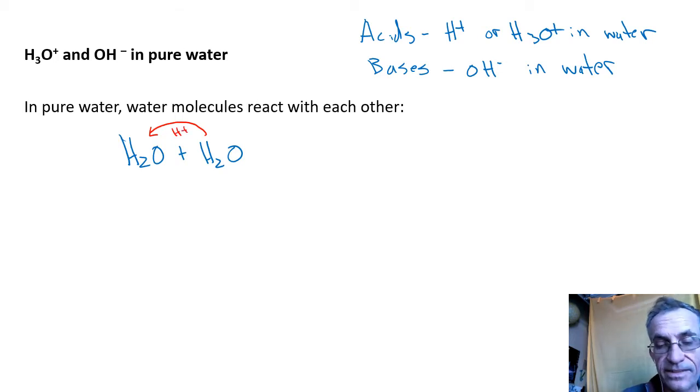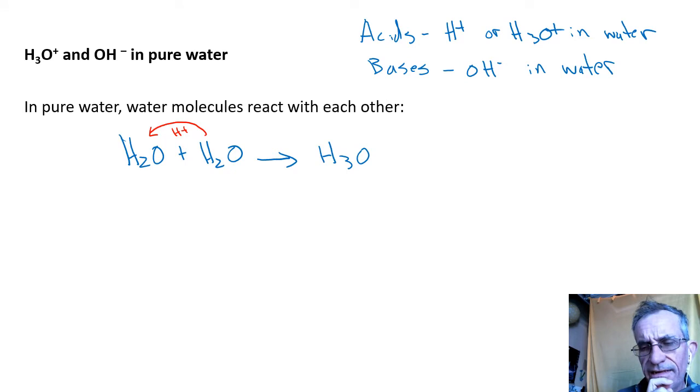And when this happens, let's see what the products would be of this reaction. We would end up making, well, the first guy gained a hydrogen. So he's not H2O anymore, he's going to be H3O. And that also actually has a positive charge. So he would have become positively charged.